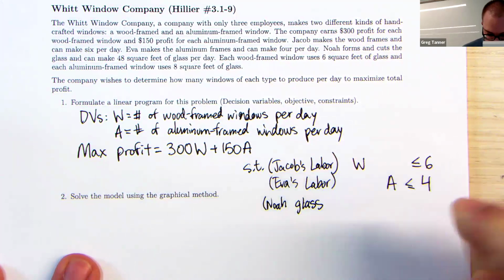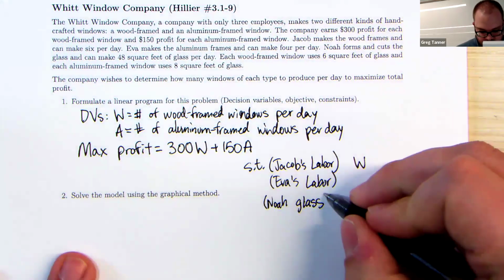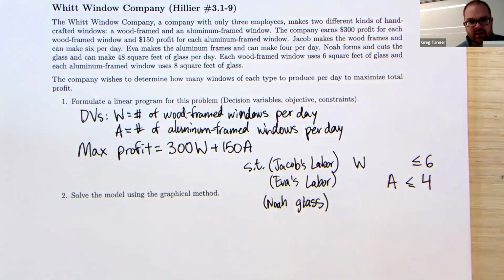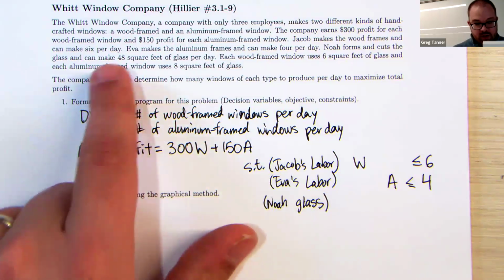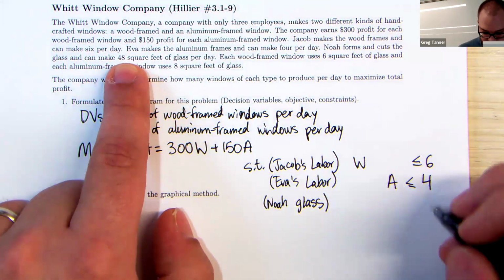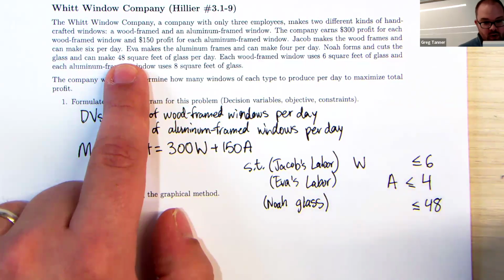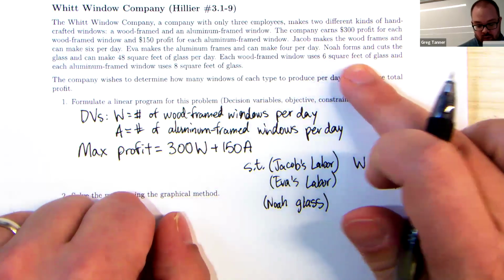And so whereas these were number of windows that could be made for their constraint, this one, the units are going to be in square feet of glass. And apparently, whatever sheets of glass that he makes, he's able to make 48 square feet of glass. And so the total glass that's available is 48 square feet per day. And some of that is going to be taken up by the wood framed windows, 6 square feet per window.